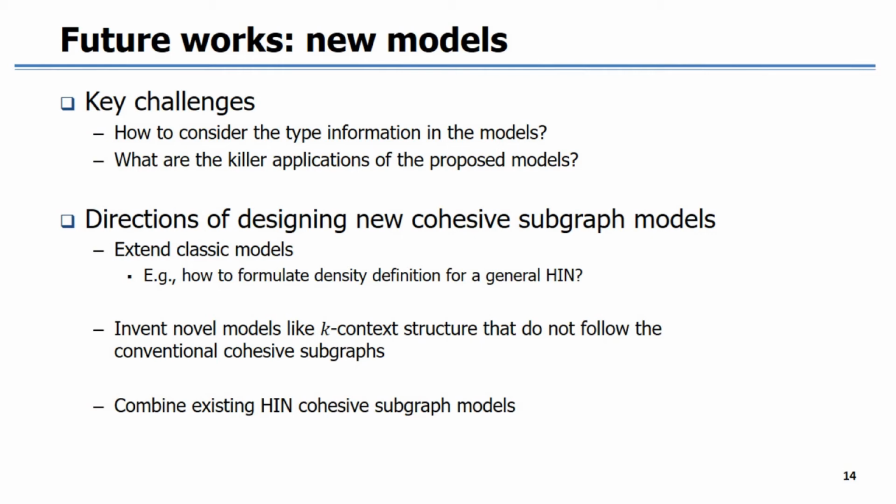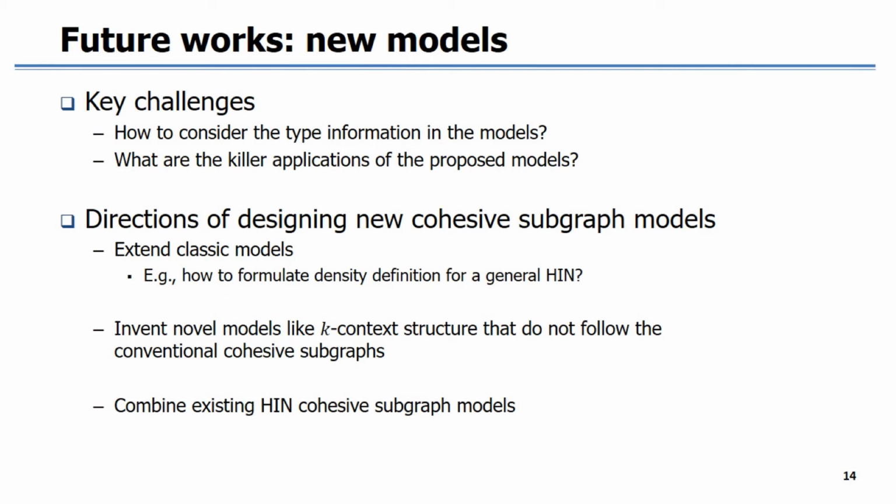The second direction is to invent novel cohesive subgraph models like K-context. The third direction is to generate a new cohesive subgraph model by combining two or more existing cohesive subgraph models. This combination method has been studied extensively for homogeneous networks.